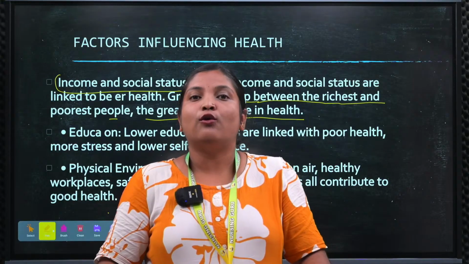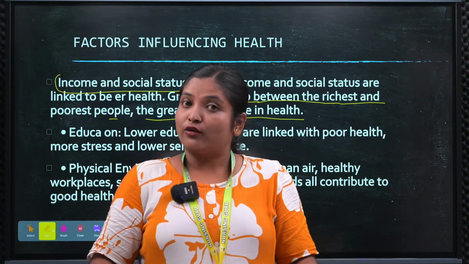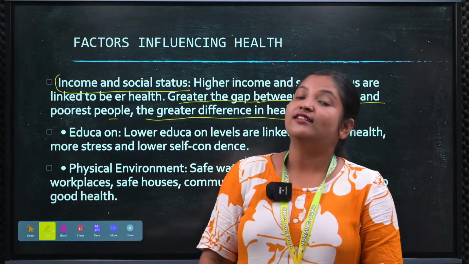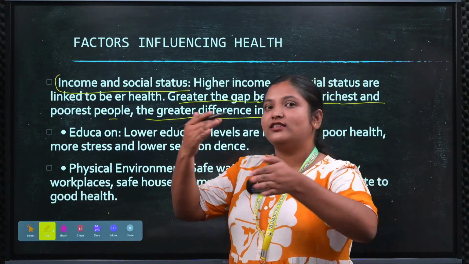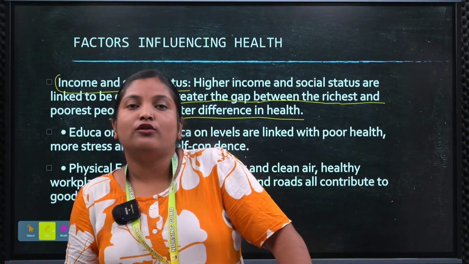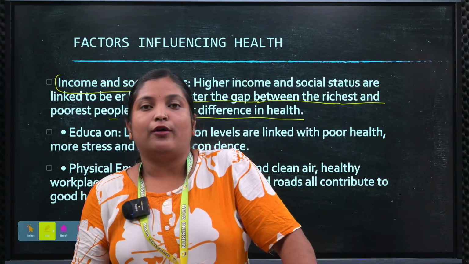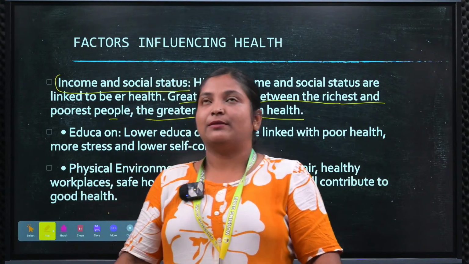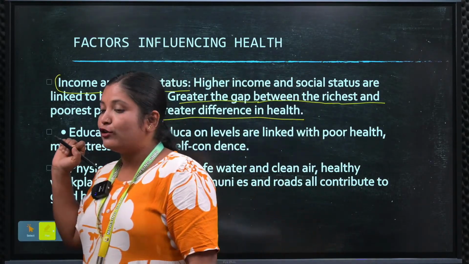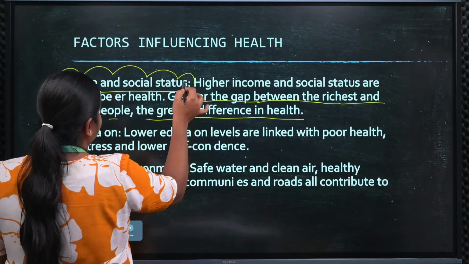A low economic background creates the gap between the health status of poor people and the richest people. So maintaining financial stability is very important. That is also one of the factors which influence your health. So that is the first one.